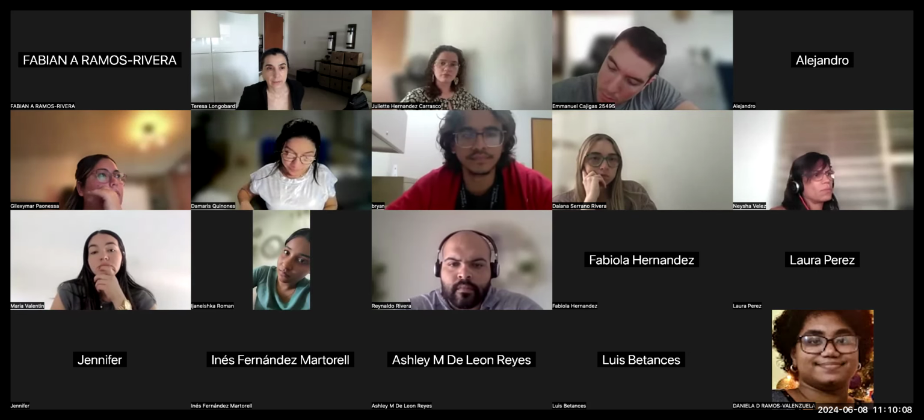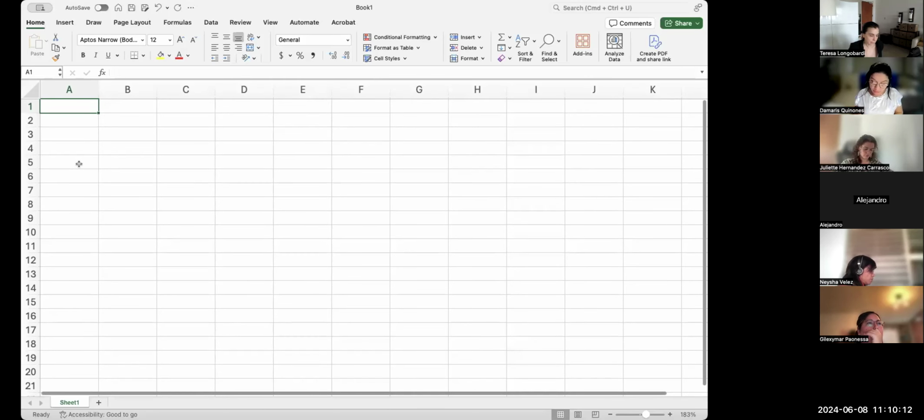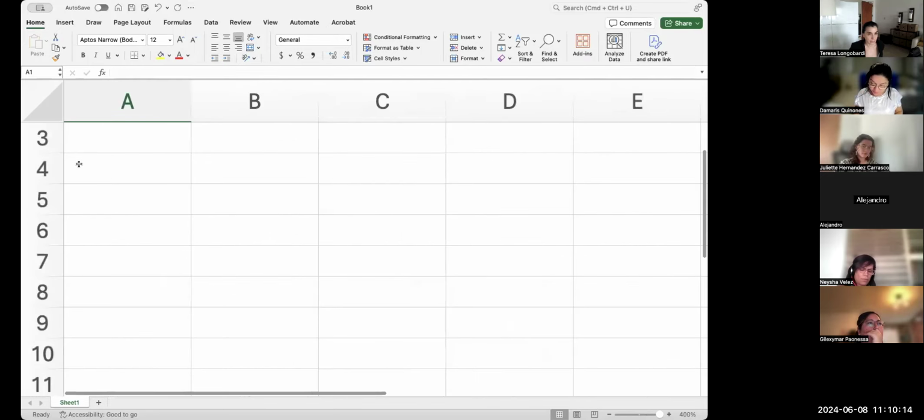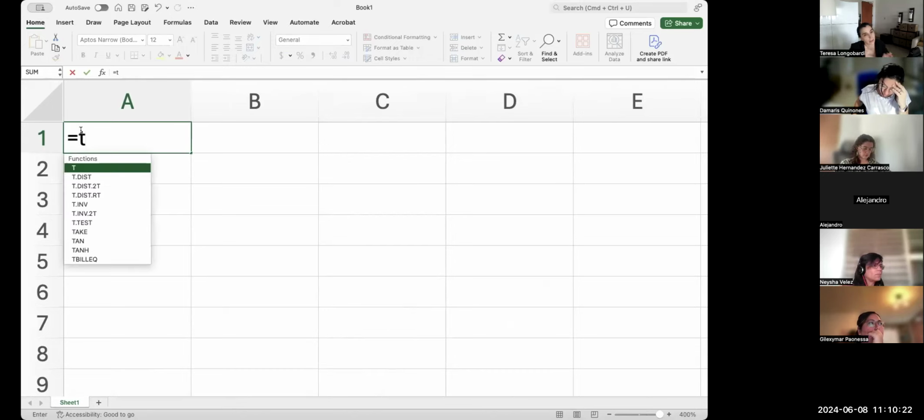So in Excel, here's my workbook. And I'm going to type equals to look for the formulas. And I'm going to put T. Which one do you think I should use? What do you think all these things mean?